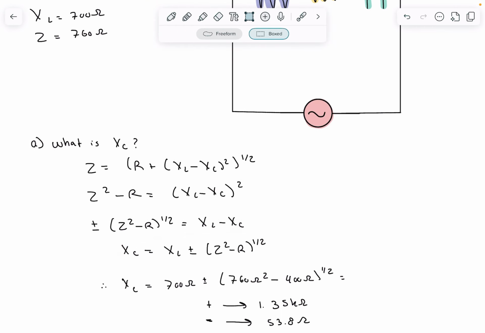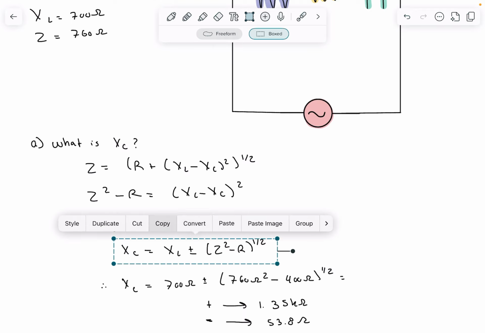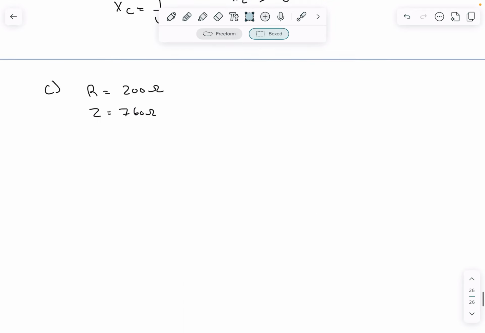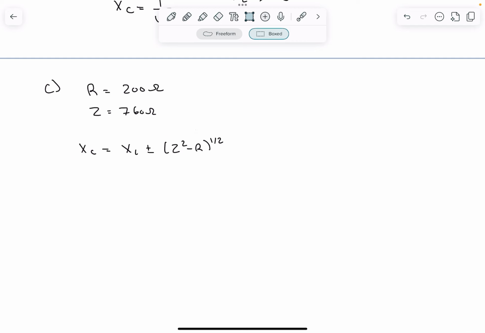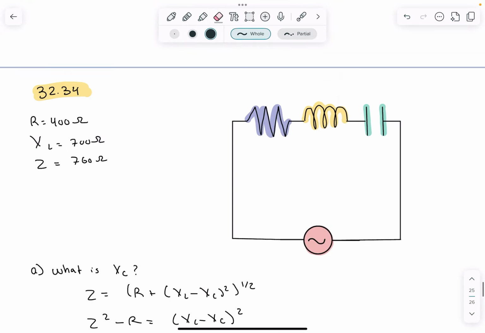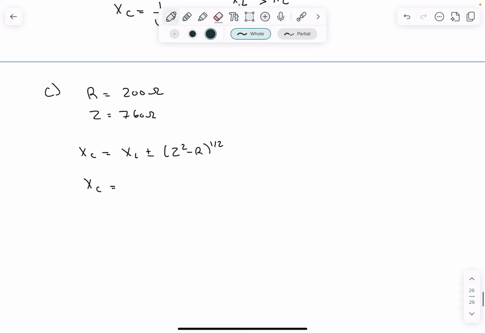So let's just go ahead and take this and copy that down here to calculate XC. So this is what XC is. If we go back, XL is equal to 700 ohms.